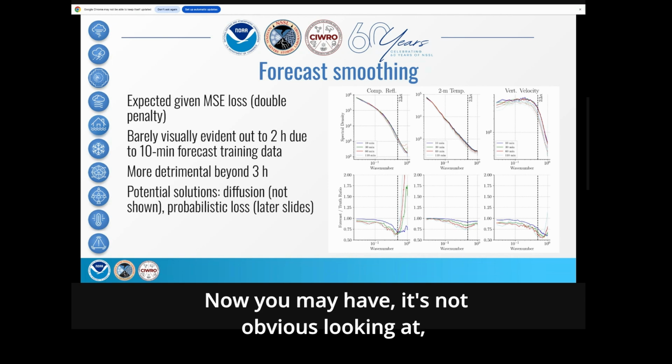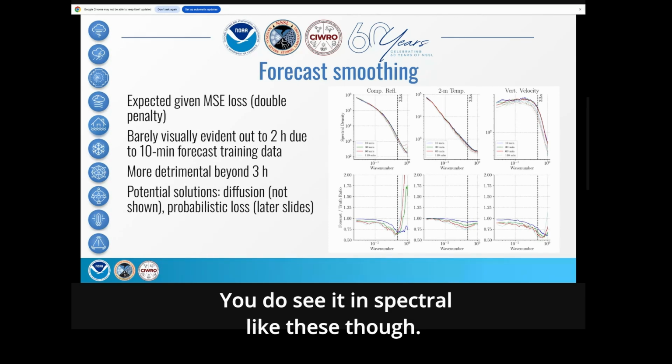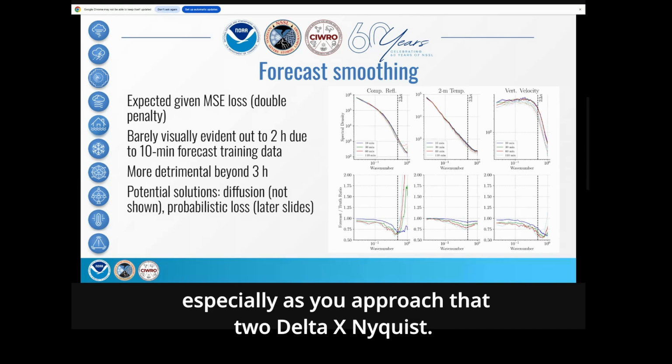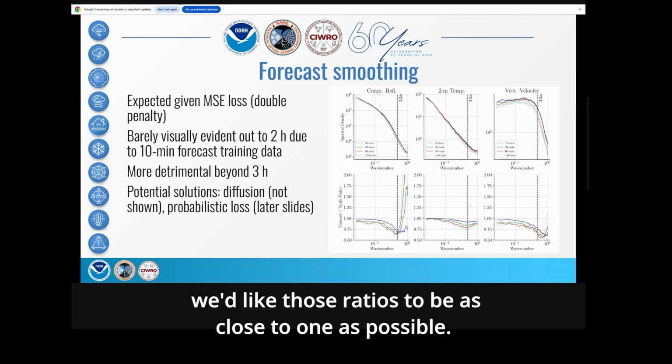Now it's not obvious looking at especially 2-hour animations. The smoothing is really not obvious at all. You do see it in spectra like these though, where the dashed curves are a bit below the solid curves, especially as you approach the 2 delta X Nyquist. And then if you look in the bottom panels, we'd like those ratios to be as close to 1 as possible.